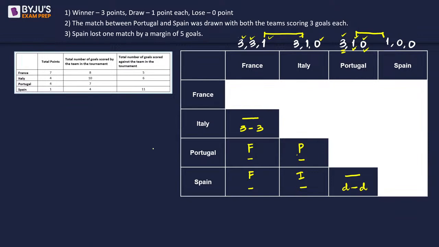ठीक है। Now, if we look at France, France के against में 5 goals होने, out of which 3 goals has been done by Italy. The remaining 2 goals are supposed to happen.